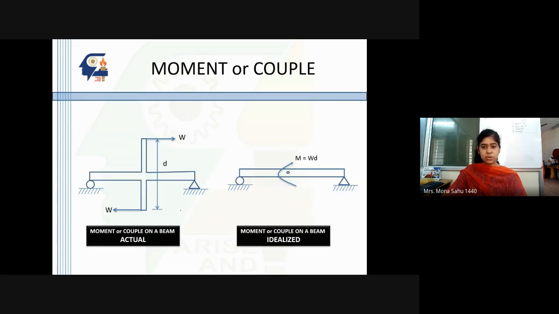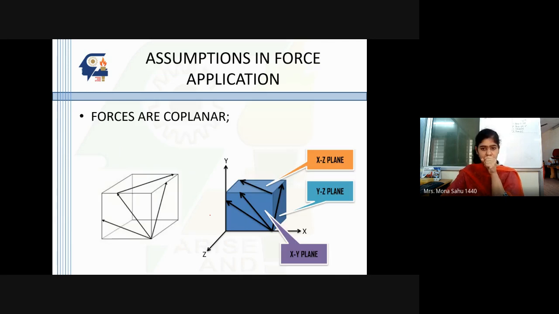If this is a beam and the load is not acting at the center but on this part of the beam, it will create a moment, W into D. So this is a moment or a couple, actual and idealized. Clear?